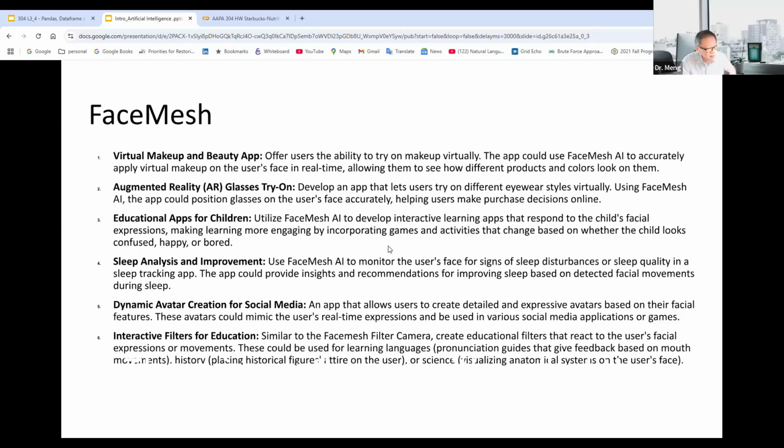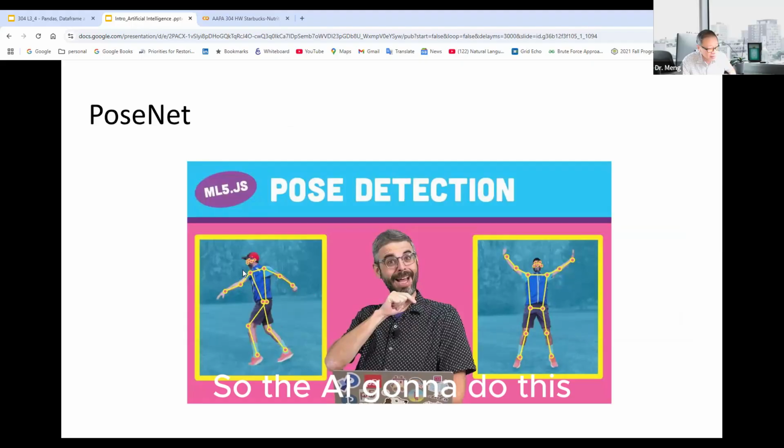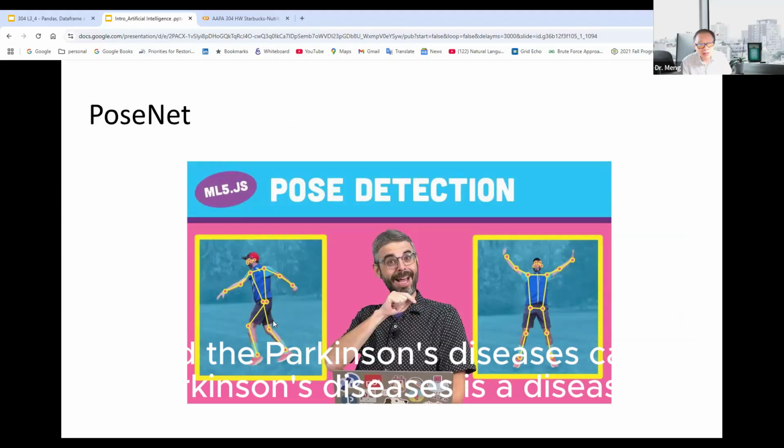There is another one called PoseNet. Essentially, it's going to give you the key points of your skeleton. One of my students won the best of category, the first grand prize at ISEF last year. He did Parkinson's disease, which is a disease of senior people.